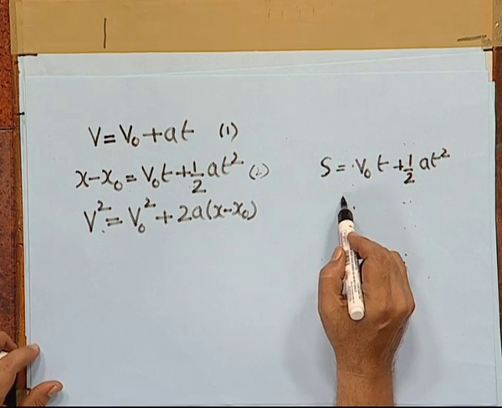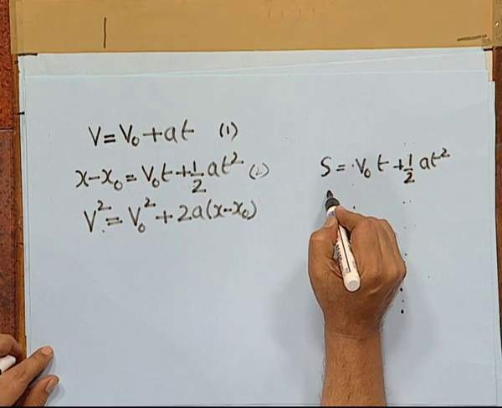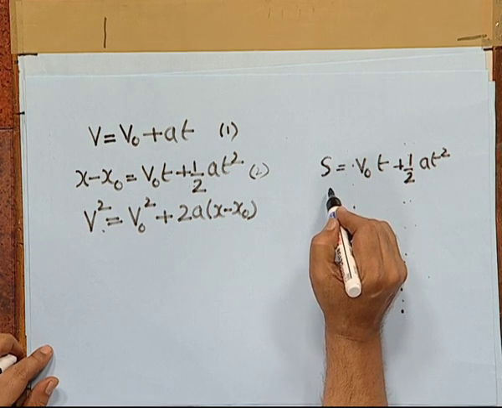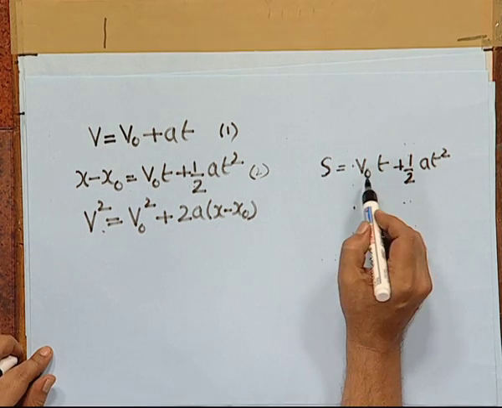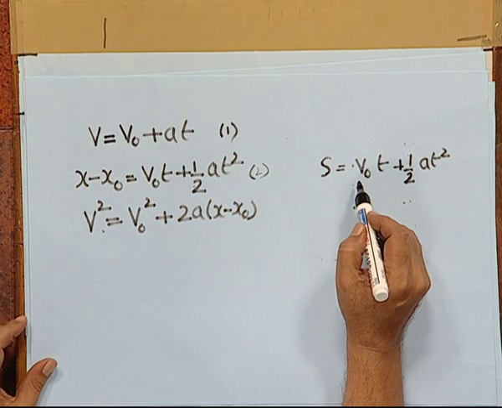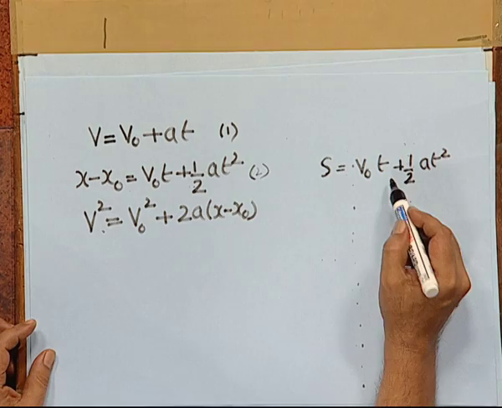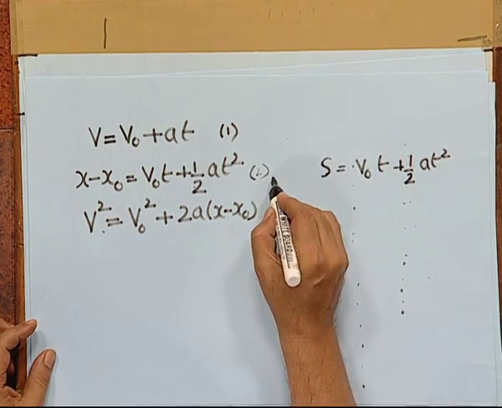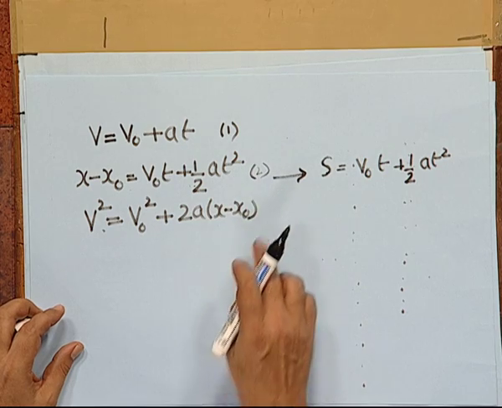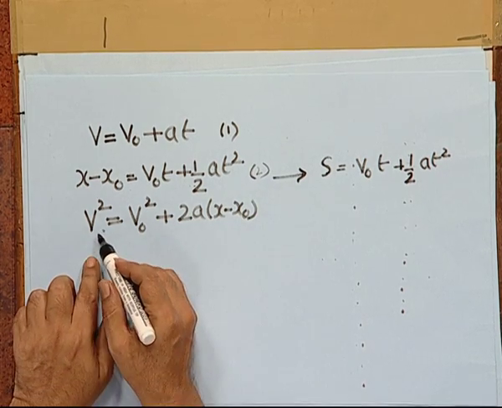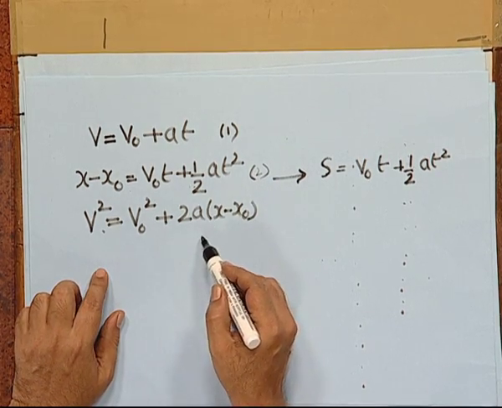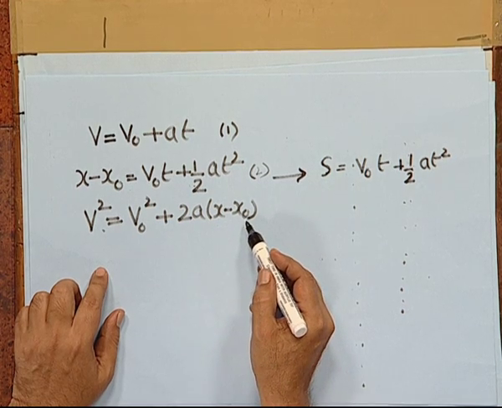The change in position coordinate is represented by the symbol s, where s denotes the displacement of the object, and s is equal to v naught t plus half a t squared, which is the second equation. Both these equations 1 and 2 involve time. The third equation, which we obtained as the combination of equations 1 and 2, is sometimes written as v squared equal to v naught squared plus 2a into (x minus x naught).